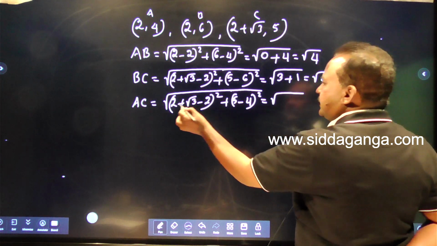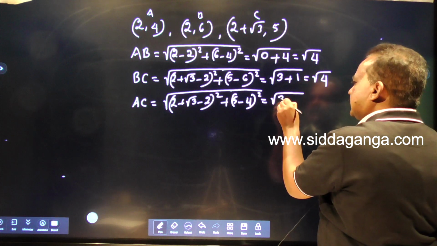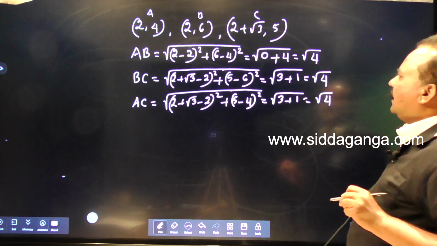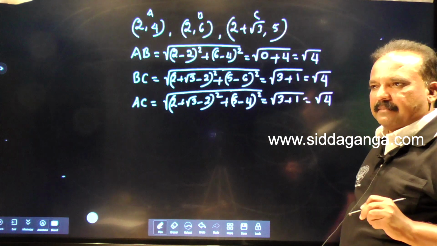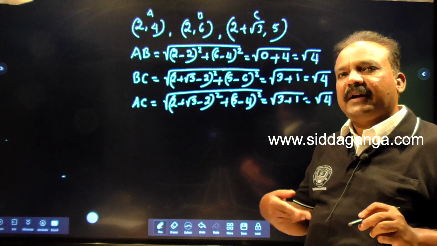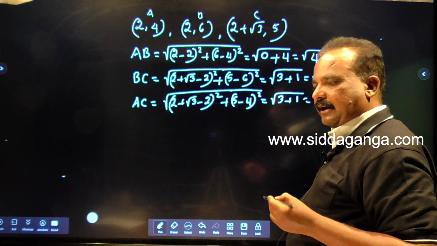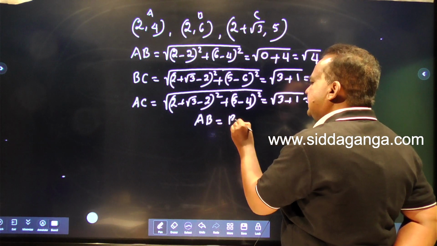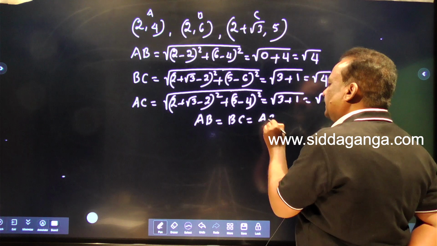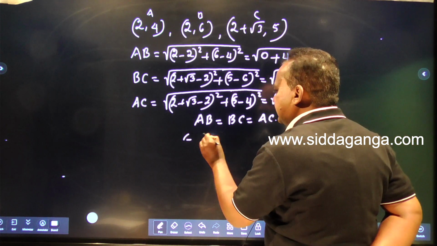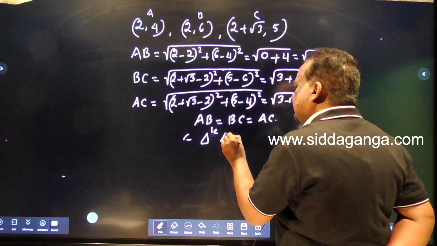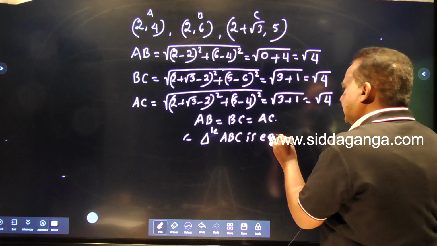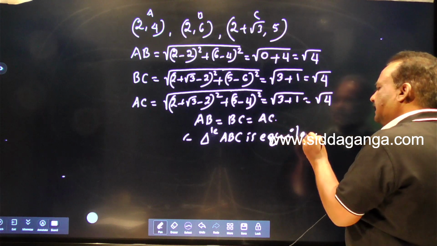So plus 2 minus 2 cancel. Root 3 whole square is 3. 1 square is 1. So root 4. All these distances are same, means the lengths of the sides are equal. When the lengths of the sides are equal, then you can conclude that AB is equal to BC is equal to AC. So it means that triangle ABC is equilateral.